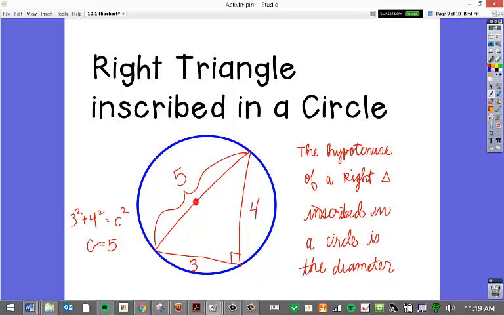So that means that the radius of the circle is going to be 2.5. So we can use Pythagorean theorem, or maybe it might be a special right triangle, or you could use trig, SOHCAHTOA. So if it's a right triangle inscribed in a circle, that means that the hypotenuse of that right triangle has to be the diameter.